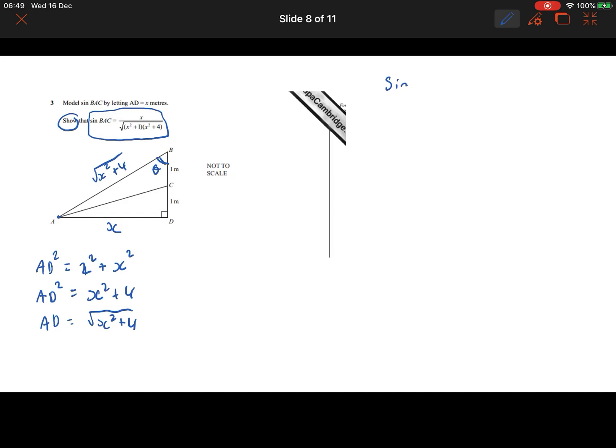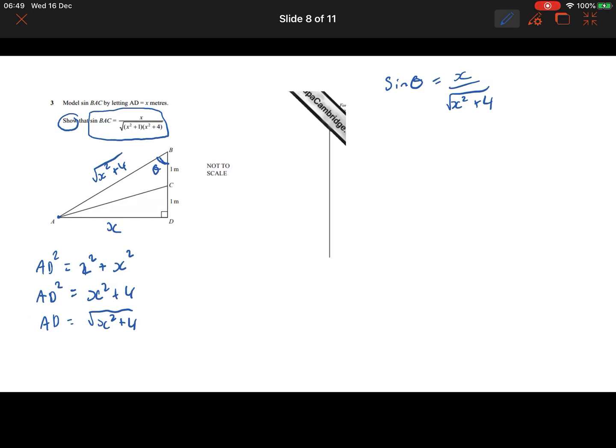Okay, now we needed to find this angle here. So the sine, which I call theta, you can call it anything you like. Sine theta is equal to opposite, so that's x, over hypotenuse, that's the square root of x squared plus 4. Nothing is changing.